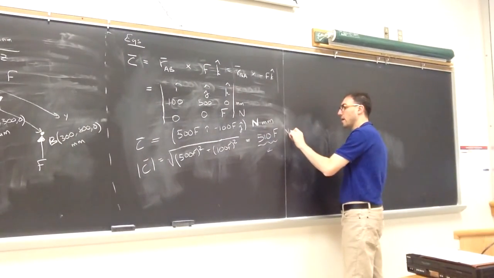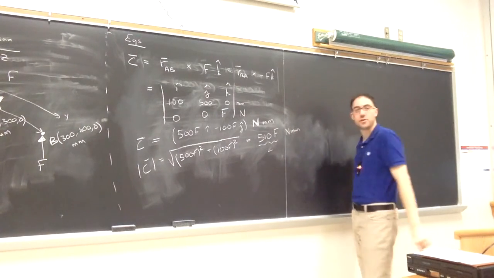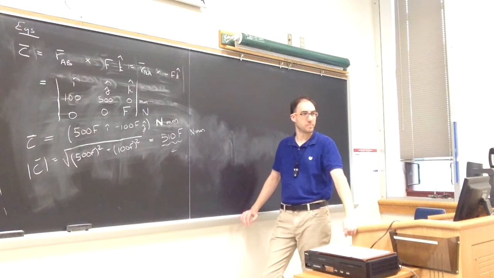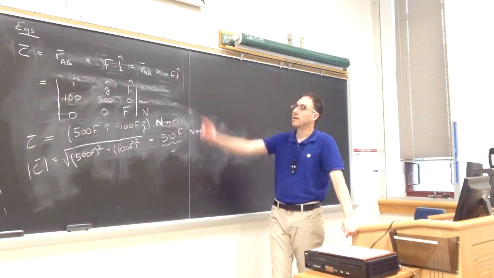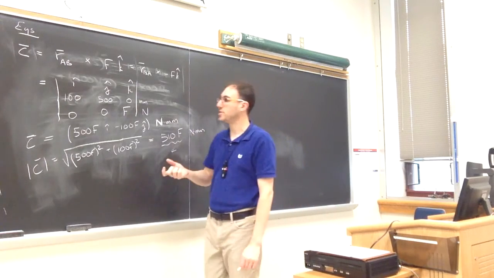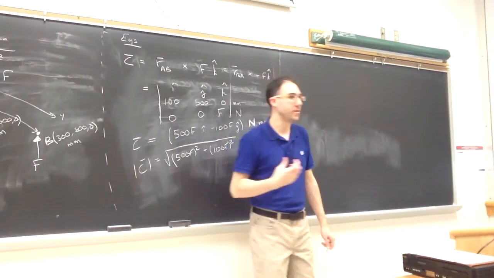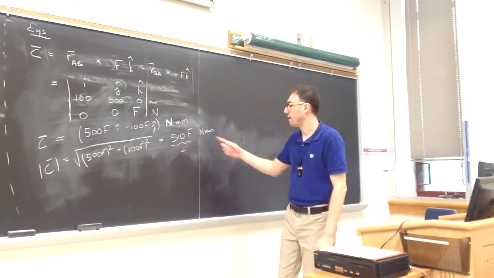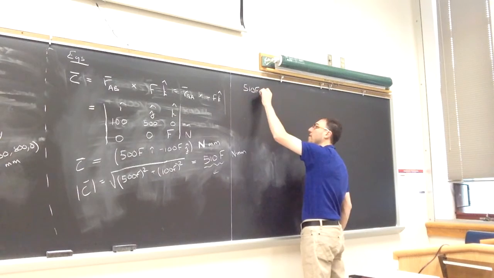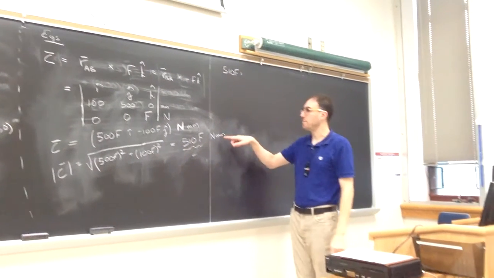And again, I didn't change anything yet. That's in Newton millimeters. From the given, we know that our goal here was we want the magnitude of this couple to be 50 Newton meters, and that's now going to allow us to find the value of F. So this 510F, again, is in Newton millimeters.